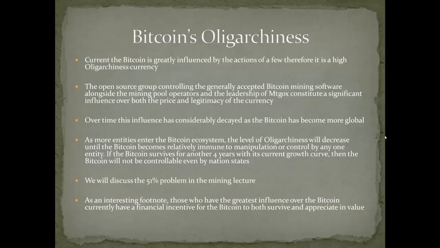So the long and short of it is that the Bitcoin will evolve, if it survives, into a currency like no other, a currency with almost no manipulatability possible, even by powerful nation states, which is, again, something that we're not used to with our current economic models.